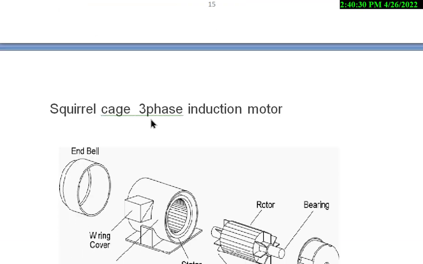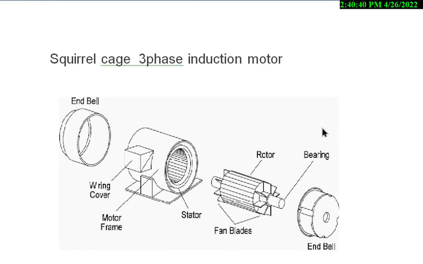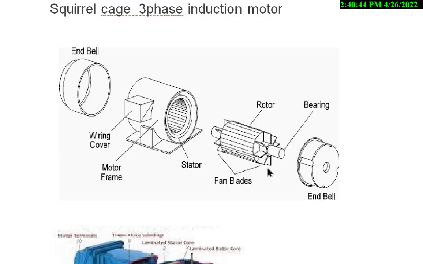Three-phase induction motors are of two types. One type is called the squirrel cage three-phase induction motor. This motor will have a fixed resistance for the rotor. The rotor will have the conductors in the form of bars like this, and it is fixed, which cannot be changed.